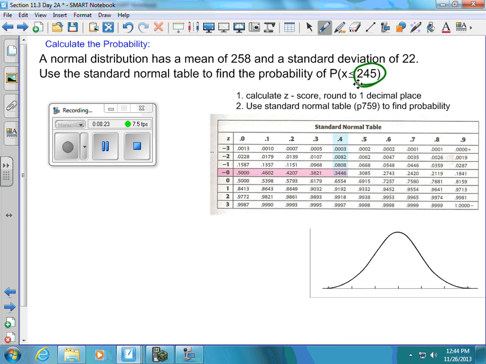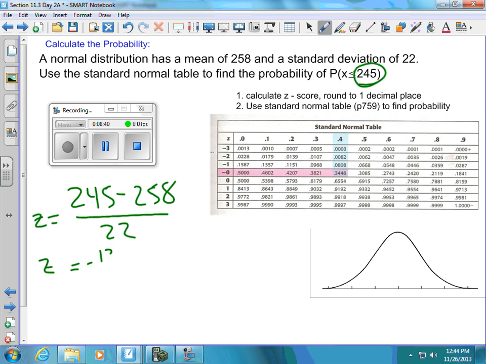So 245 minus our mean, which is 258. So we're below the mean again. And our standard deviation is 22. That's what we're going to do to find our z-score. So that's negative 13 over 22, and that is about negative 0.59, and we will say, for our purposes, because our table goes by tenths, negative 0.6.